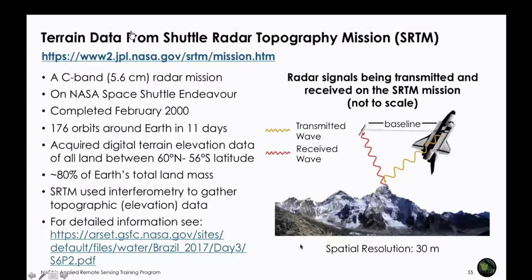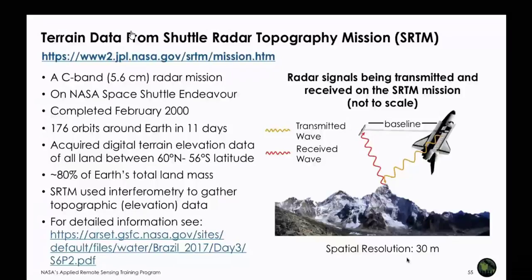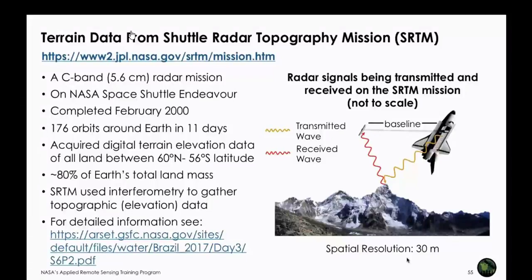From SRTM, data are available at 30-meter resolution globally. So that helps in deciding where the low-lying areas are. You can use SRTM data just to look at the topography, or you can use it with GIS to look at slope and flow direction, also area, based on this elevation data.